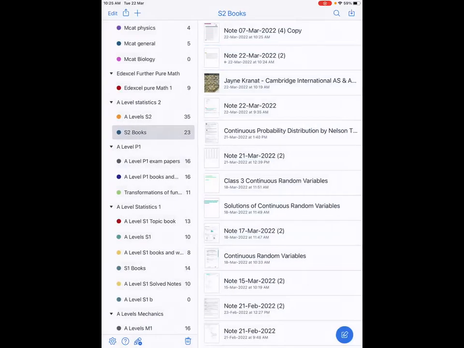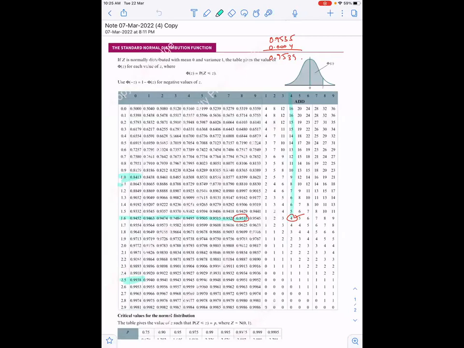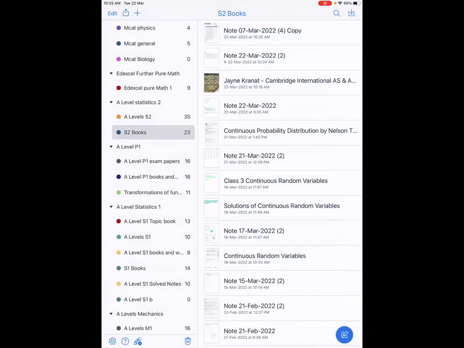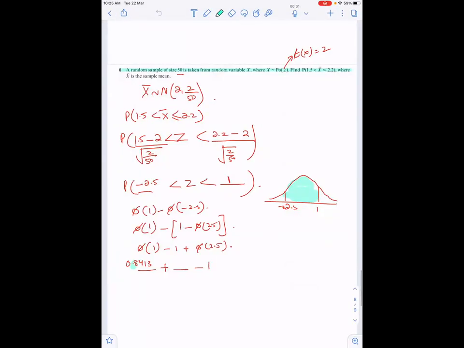Sorry, it was 2.5, yes, okay, 0.9938. Add them up. 0.9938 plus 0.8413 minus 1, and you are getting 0.8351.